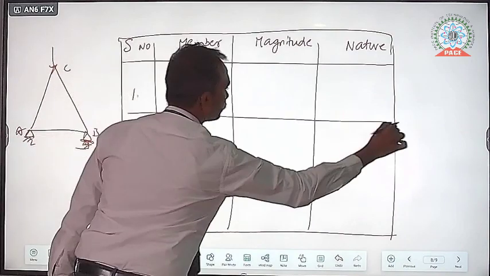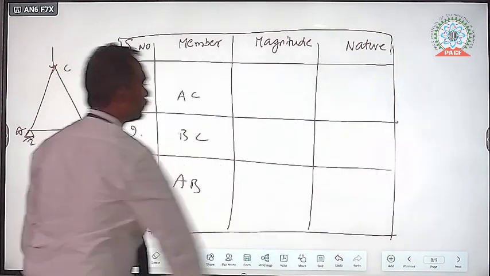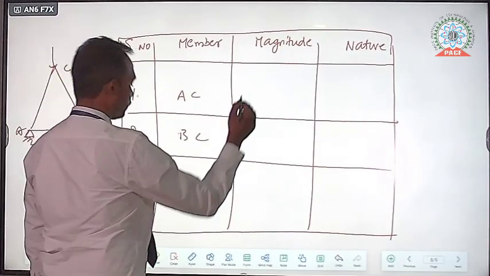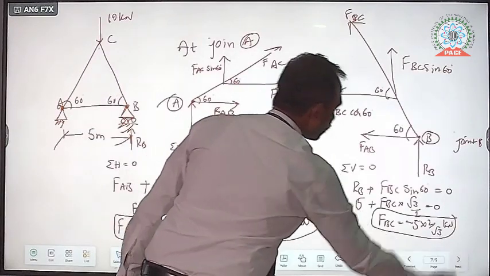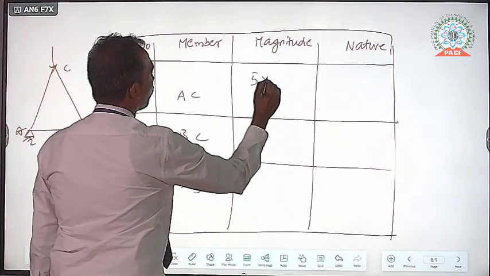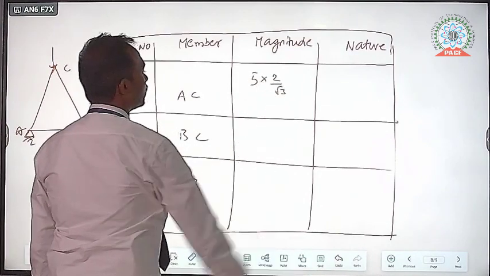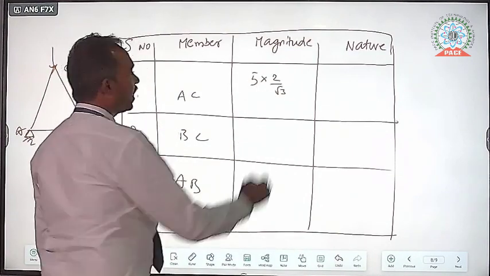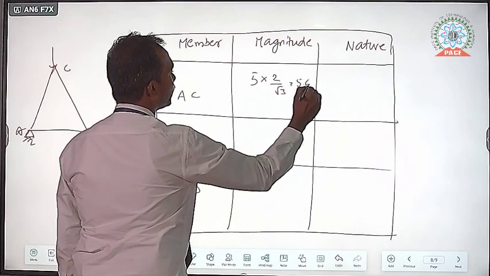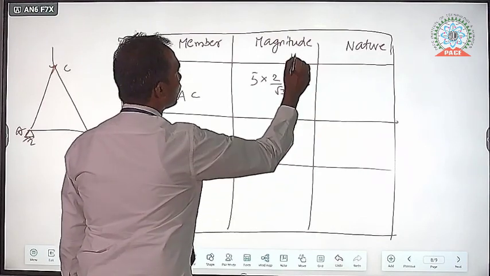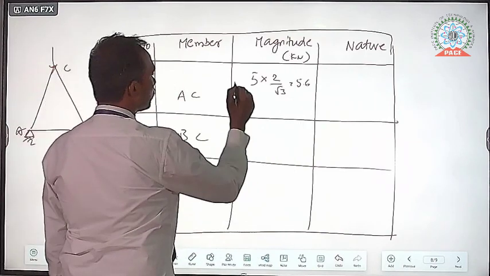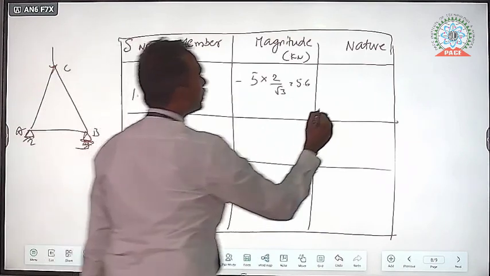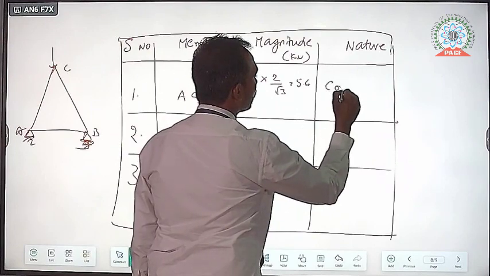What is the magnitude? Five into 2 by root 3. This value is nearly 5.6 kilonewtons. The nature is minus here, which indicates this is compressive.